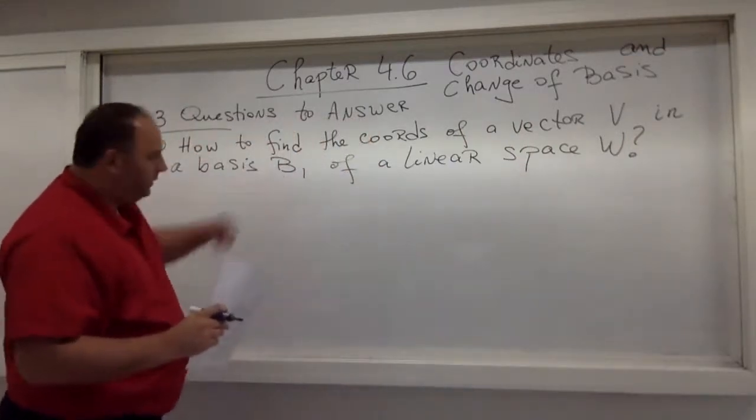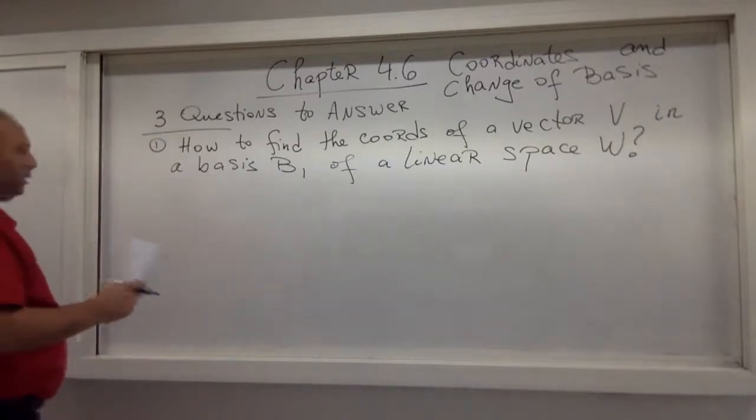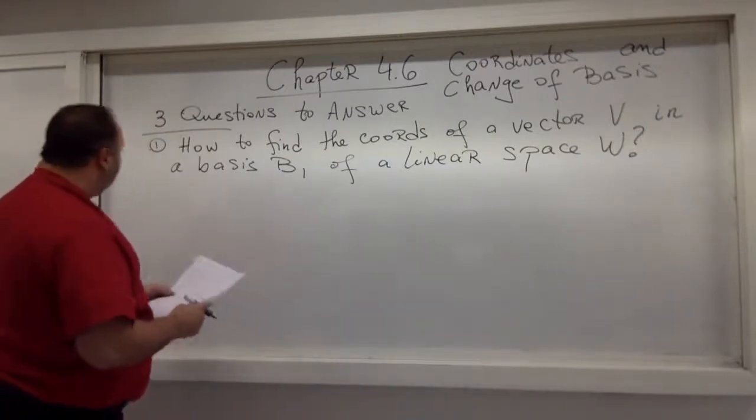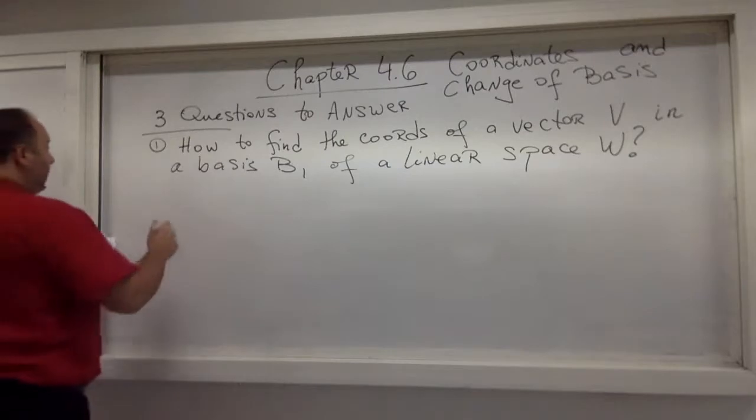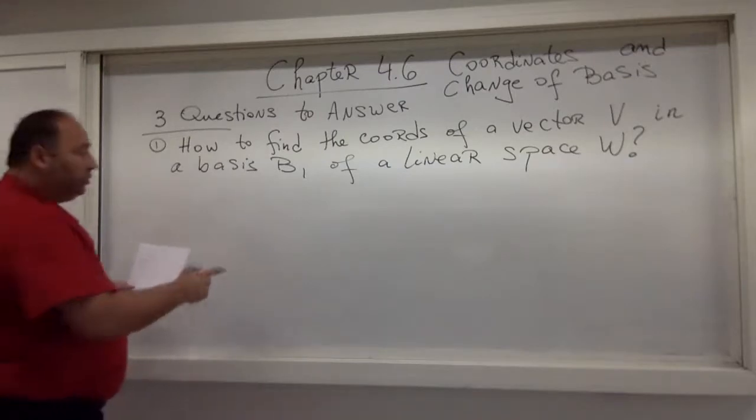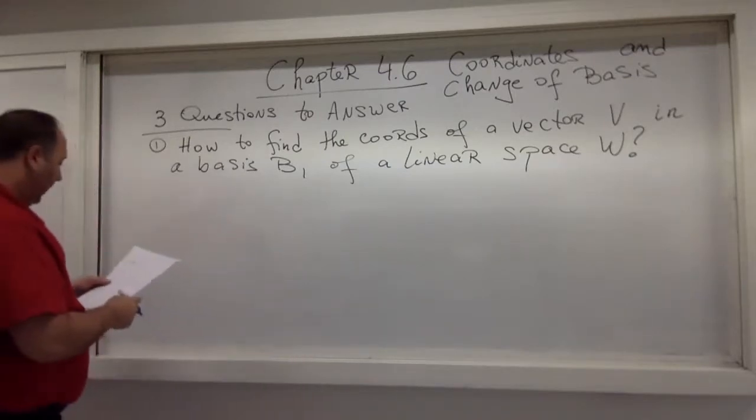We start with one and later on the process will be similar to another one if we change bases. So that's one question. And you will see it's very simple. Actually, what you need to do is solve Ax = b, so using Gauss-Jordan.